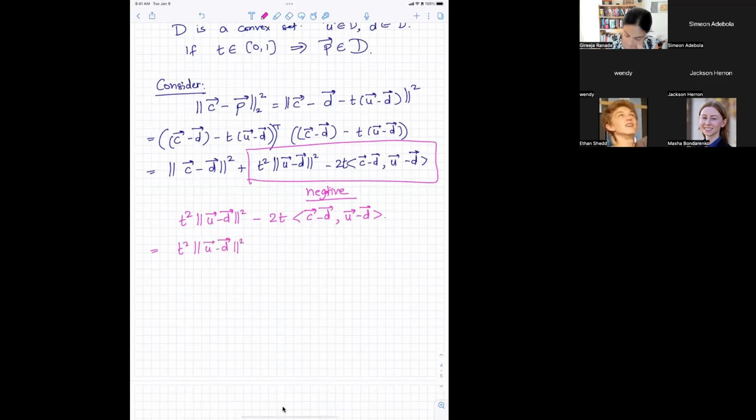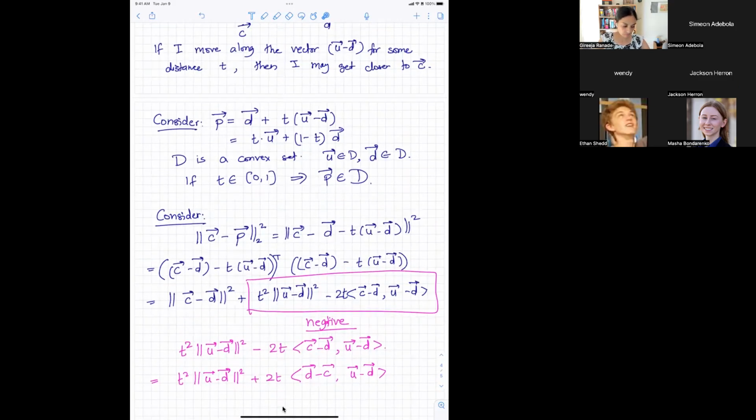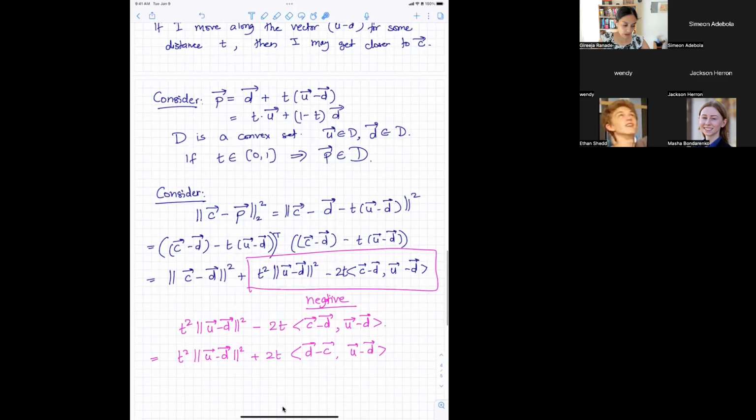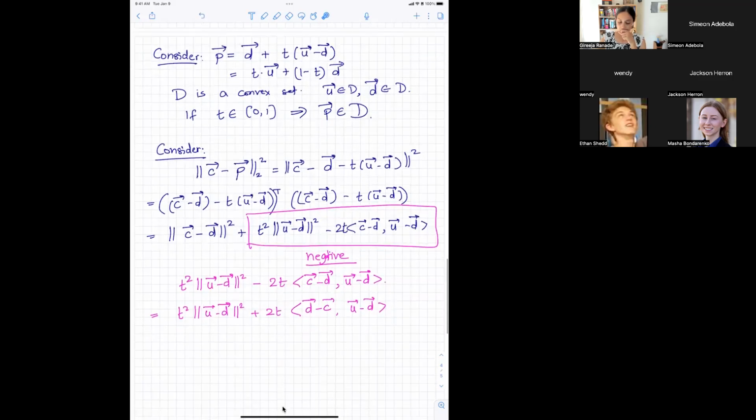Instead of having this minus, I'm going to rewrite this in a way that makes it slightly more obvious what I'm going to do next: D minus C times U minus D. Okay? So what's the advantage of writing this in this way? What do we know about the inner product between D minus C and U minus D? We know that this is negative, right?